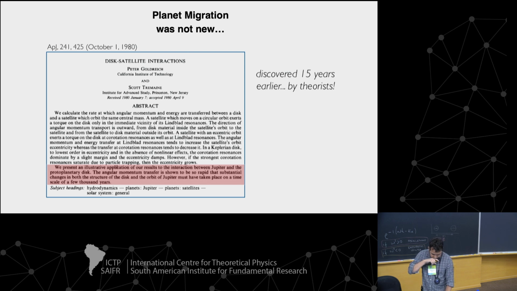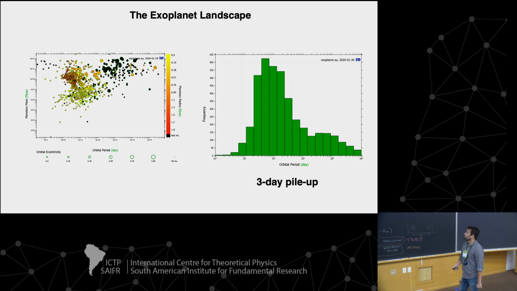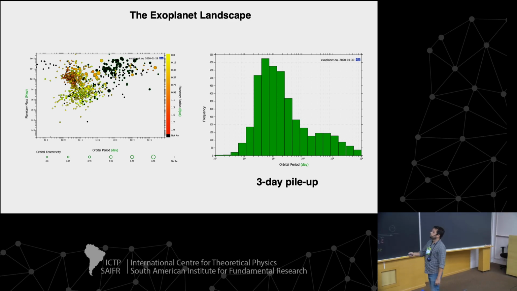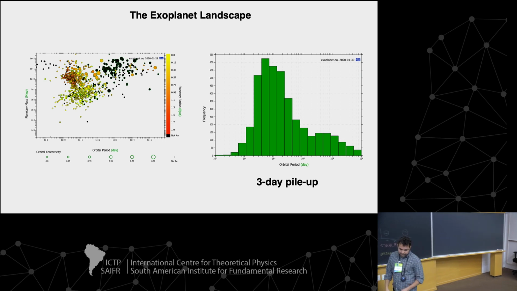And it seems that the most typical planet in the galaxy is actually at a 3-day orbit. So this is the diagram, right, of all exoplanets known. And if you plot a histogram of the distance, this is where all of the exoplanets would fall. You have this pile-up at 3 days.